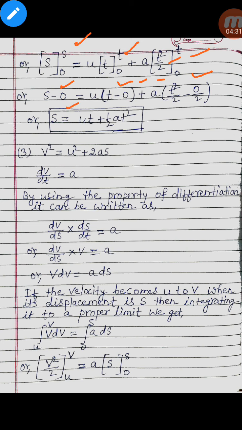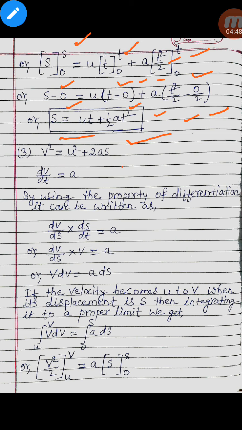So s minus 0 is equal to ut minus 0 plus at square by 2 minus 0. Therefore s is equal to ut plus half at square.